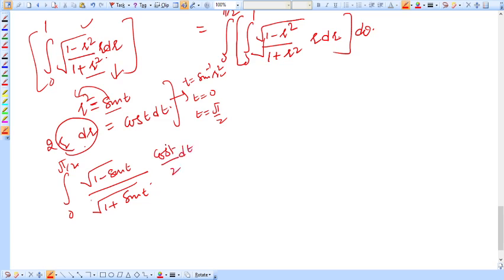Now you can take this 2 outside, and you multiply and divide by 1 minus sin t.